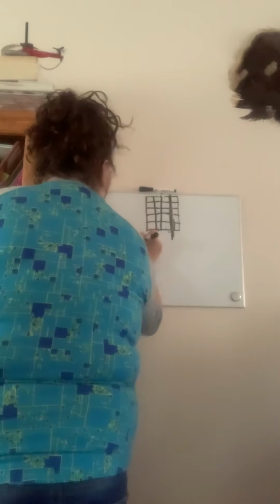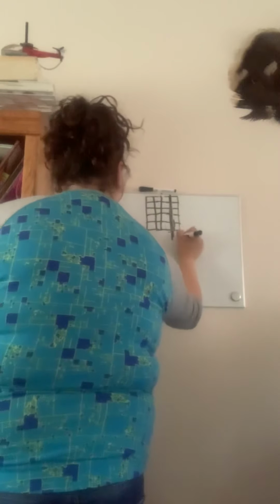So then I could also cut it this way. Let me fix that. What if I cut it this way? Right here. I've got 5 rows with 3 in this row.